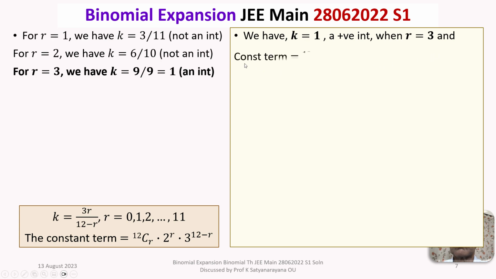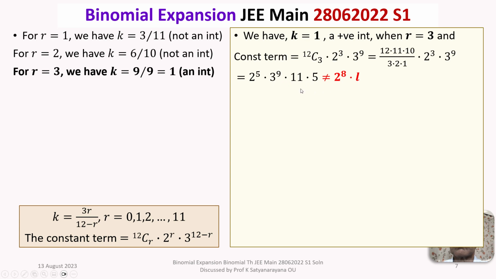So we have k is equal to 1, a positive integer, when r is equal to 3. Then what is our constant term? 12cr into 2 power r into 3 power 12 minus r, with r equal to 3. Substitute in this, and you get 12c3 into 2 cube into 3 power 9. We simplify, and we get 2 power 5 into 3 power 9 into 11 into 5. 11 into 5 is 55, which is odd, and 3 power 9 is also odd.